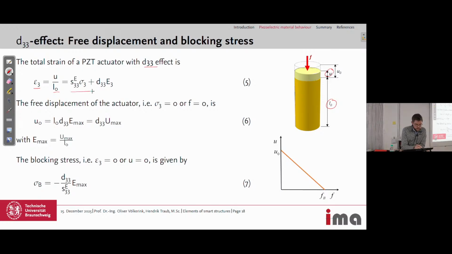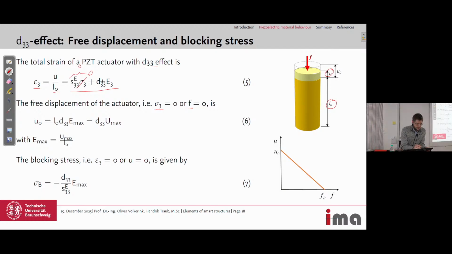So we have this equation again: epsilon 3 equals compliance S33 times stress sigma 3 plus D33 times E3. If we want to look at the free displacement of the actuator, then we don't have an external stress pushing the actuator back, so also no external force, of course. So the external stress is 0.